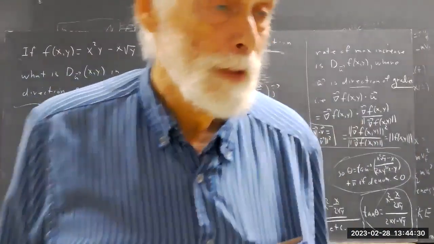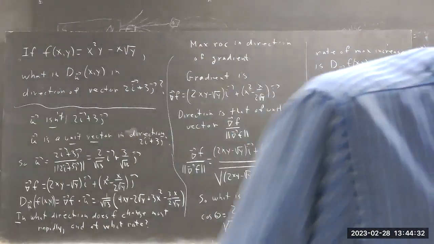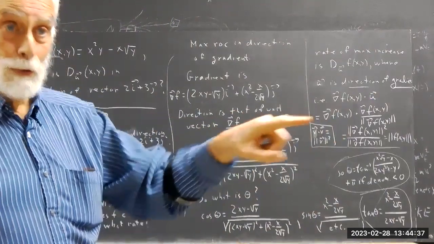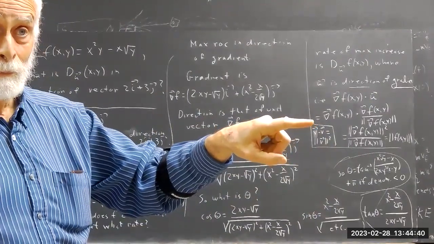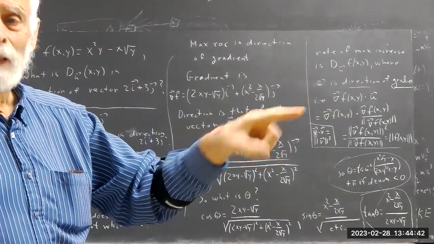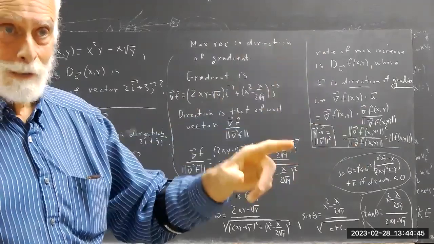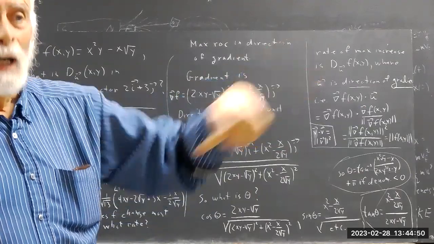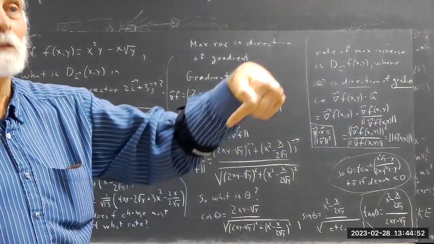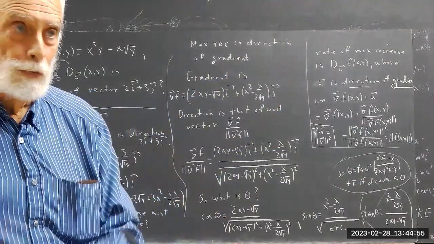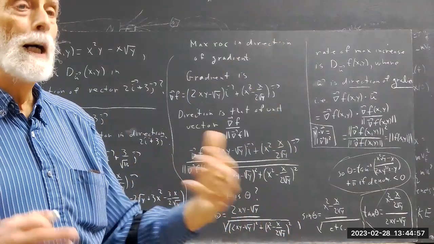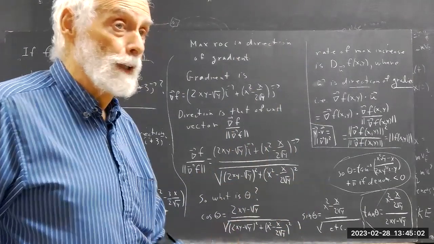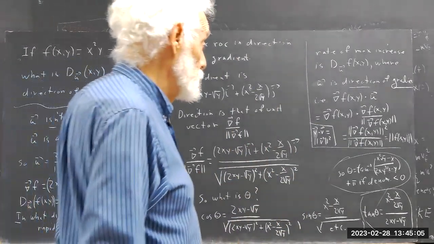So the gradient has a magnitude and a direction. Direction tells you where you go, what direction you go to get the maximum increase. Now, if you've got heat flow, I think I might have misstated before, because heat flows opposite to the direction of maximum increase, in the direction of maximum decrease. So it's from hot to cold, which is opposite to the direction of the gradient. This was an example. I think you've got a temperature example in your homework.